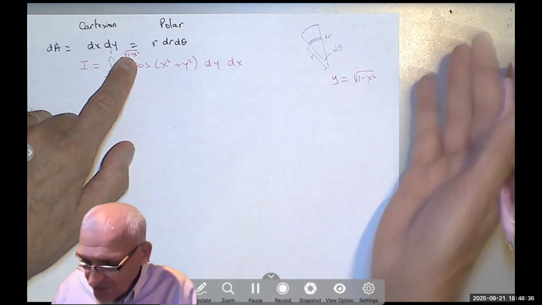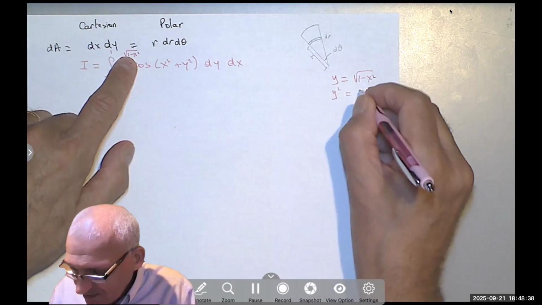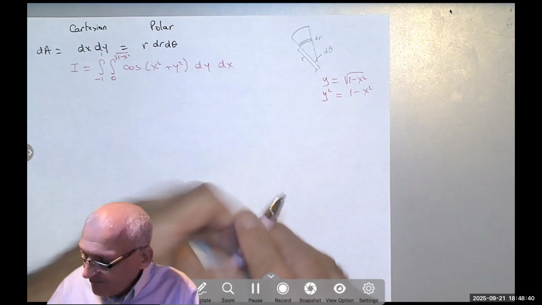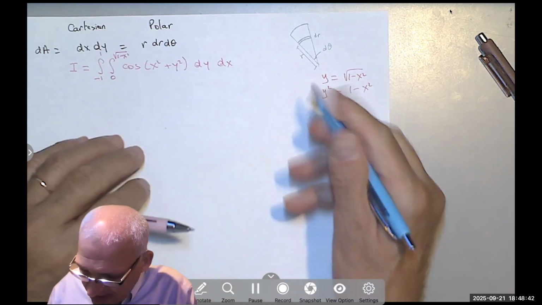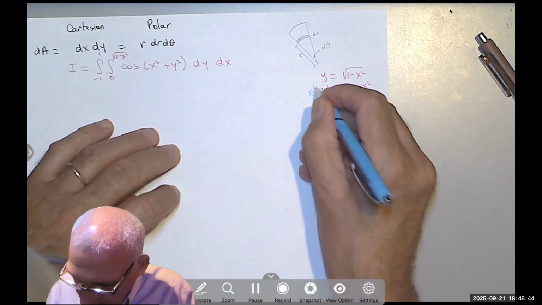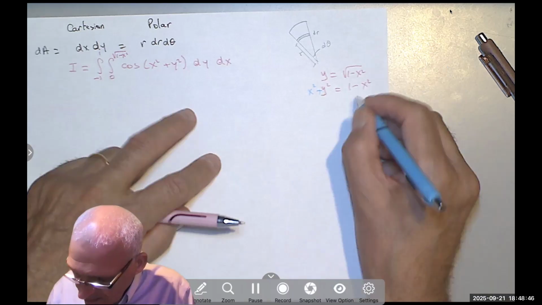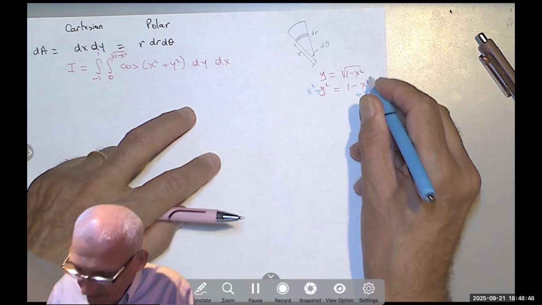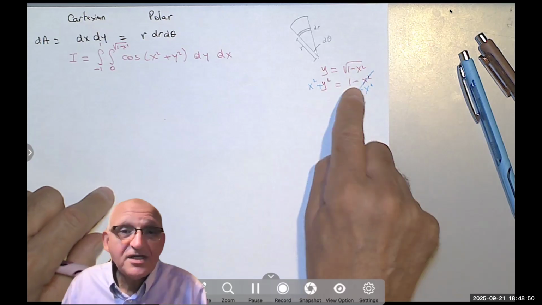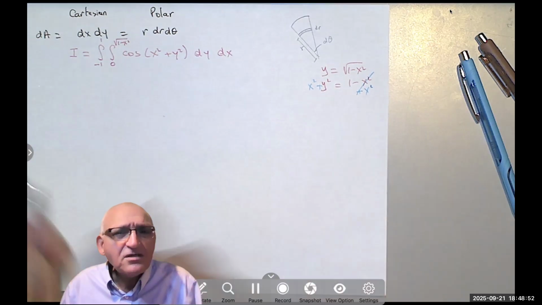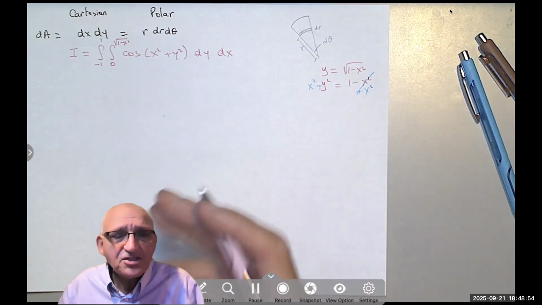So if I square both sides, I know that y squared would be 1 minus x squared. If I add x squared to both sides, I get x squared plus y squared equals 1. That's a circle of radius 1 centered at the origin.